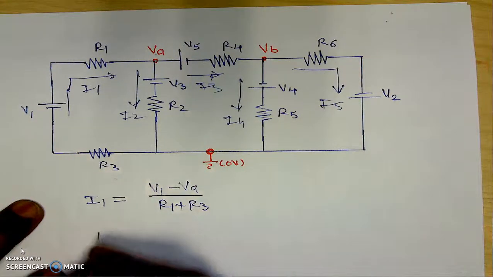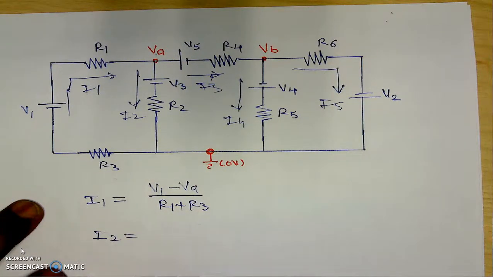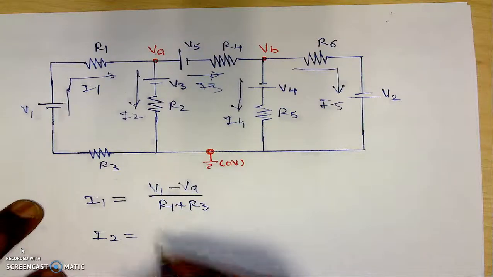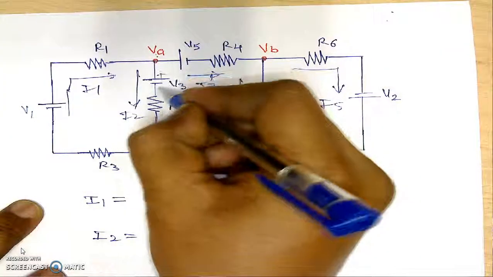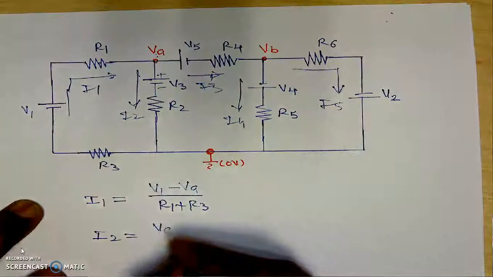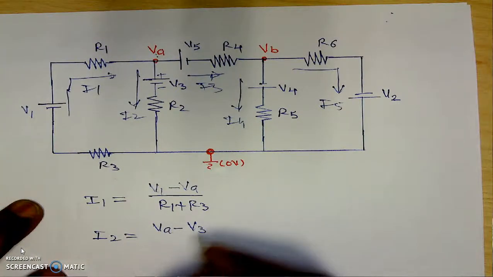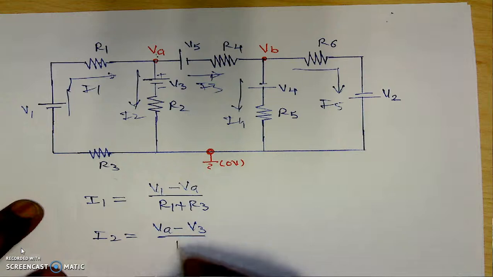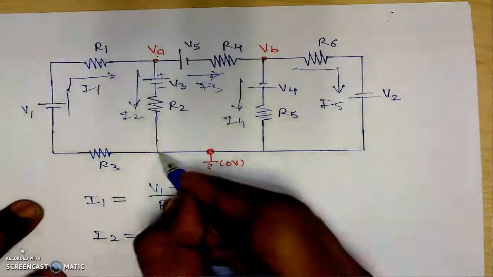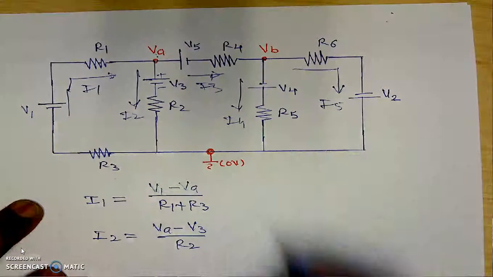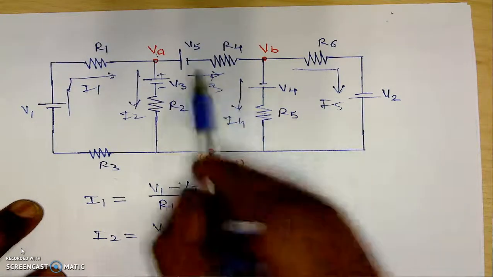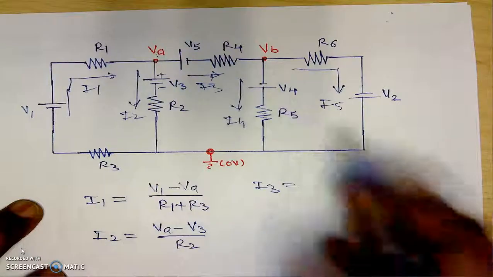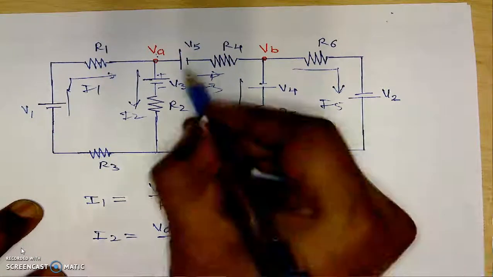Now here we will see how will be the I2 if it is downward. I2 will be VA, we are traveling from positive to negative, that is minus VA minus its potential V3, divided by its resistance, which is R2, and here potential is 0, that's why no need to consider again. If we are finding the value of the current I3 here, here is the potential VA, this is the battery.